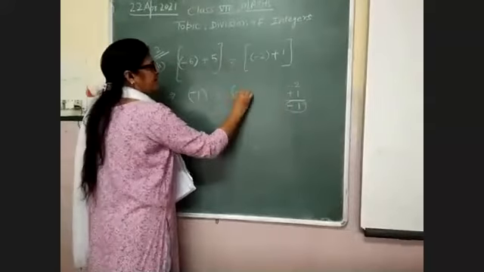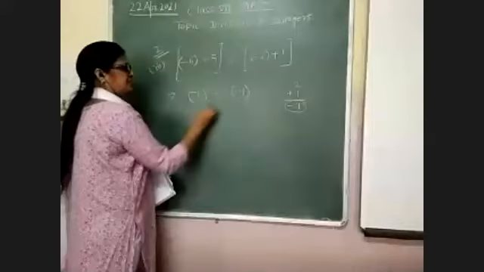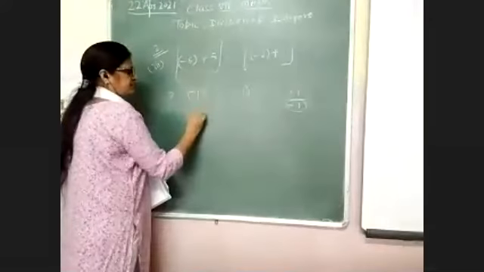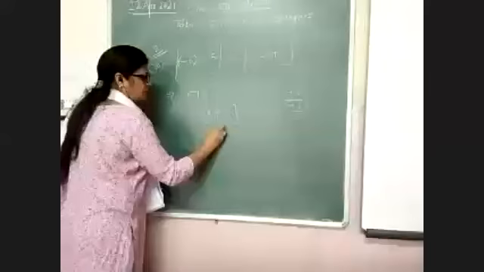So now you will divide minus 1 by minus 1, minus and minus make plus, and 1 divided by 1 is equal to 1.